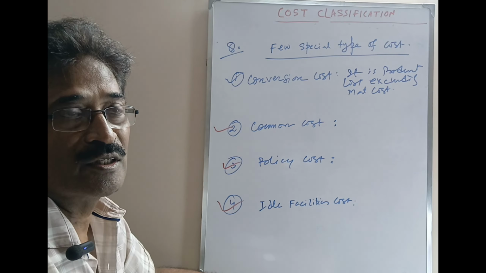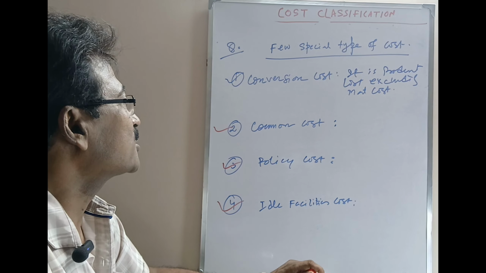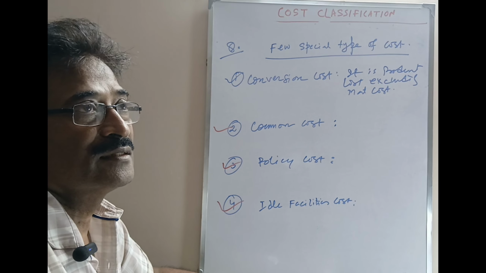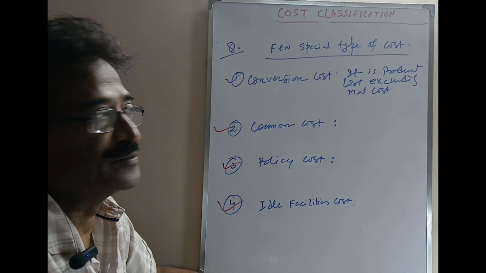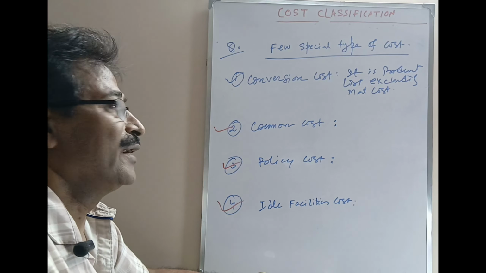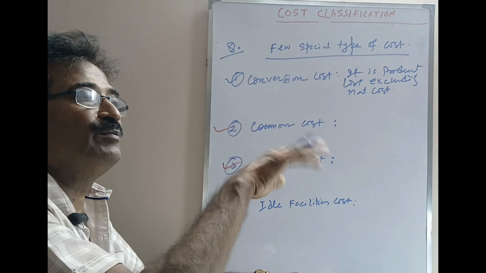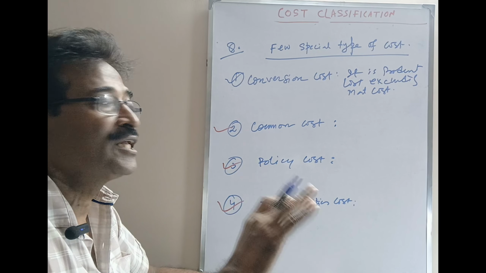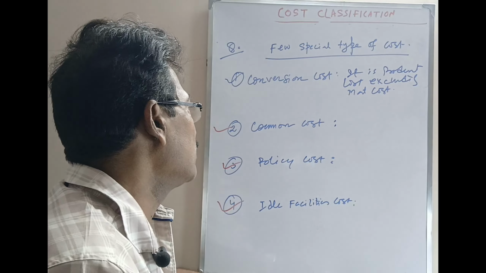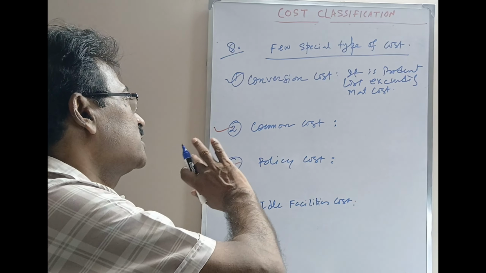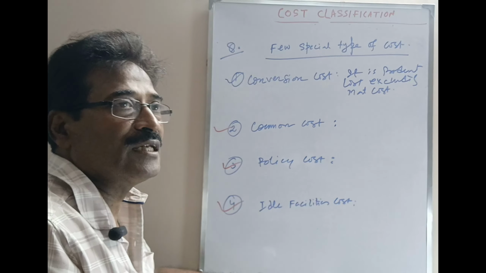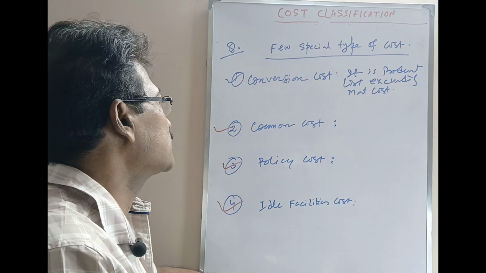What is common cost? There are certain costs which are primarily incurred in group or for totality. These are called common cost, and subsequently it is apportioned to particular cost center on some suitable basis. Initially it is incurred for all the cost centers, then it is apportioned to the individual cost center on some suitable basis.